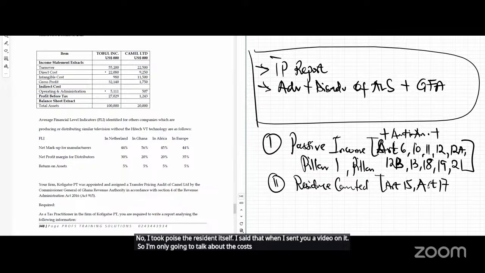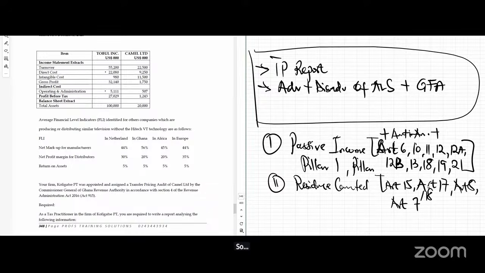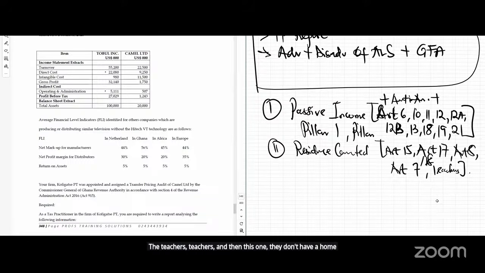So 15, 17, or 18. It depends on how shifted it is. Then Article 8, and then 20 or 7. And then there are teachers, and then this one, they don't have a home. 20 is for student. This one doesn't have a home. It can be any article. So these are the things I'll do tomorrow.